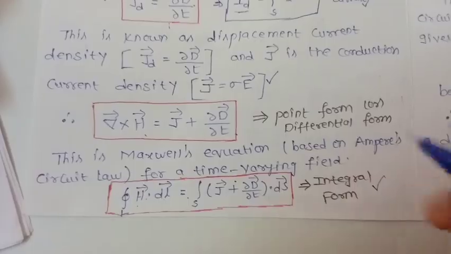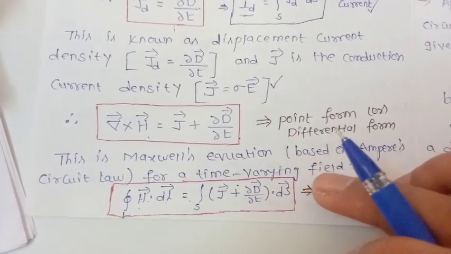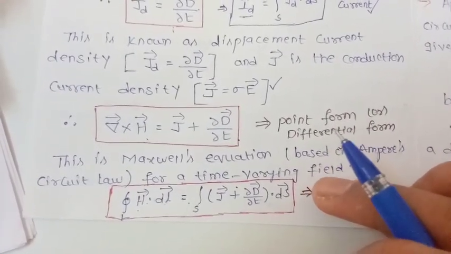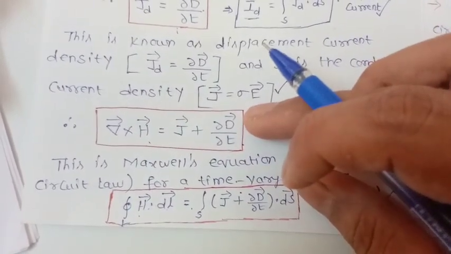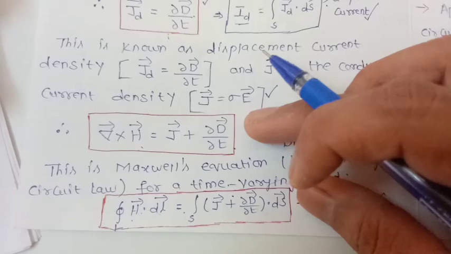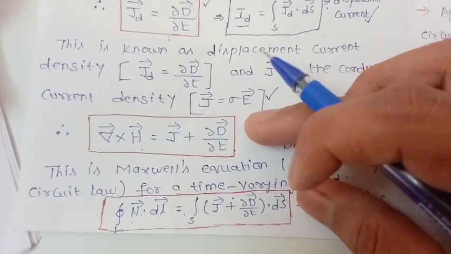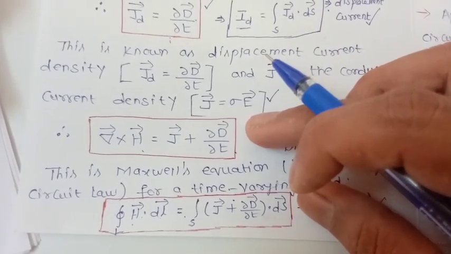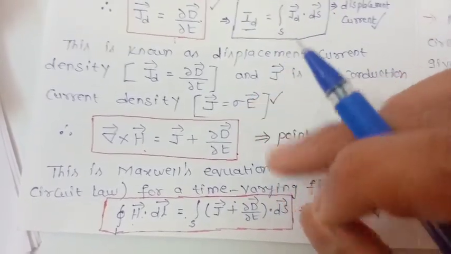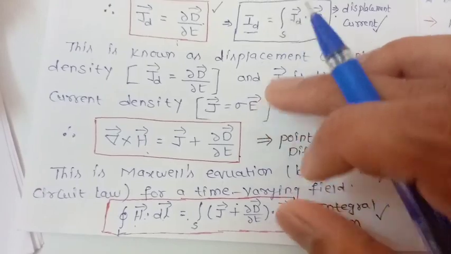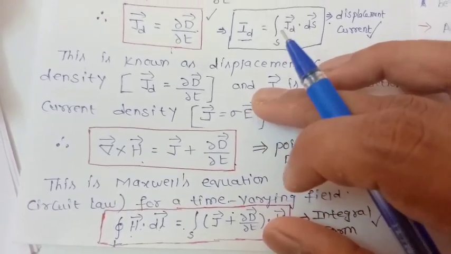This is the integral form of Maxwell's equation for a time varying field, or you can also say it is the modified Ampere's circuit law. Is it clear, all of you? This is the inconsistency of Ampere's circuit law and how Maxwell modified this expression. Now we are going to prove that.